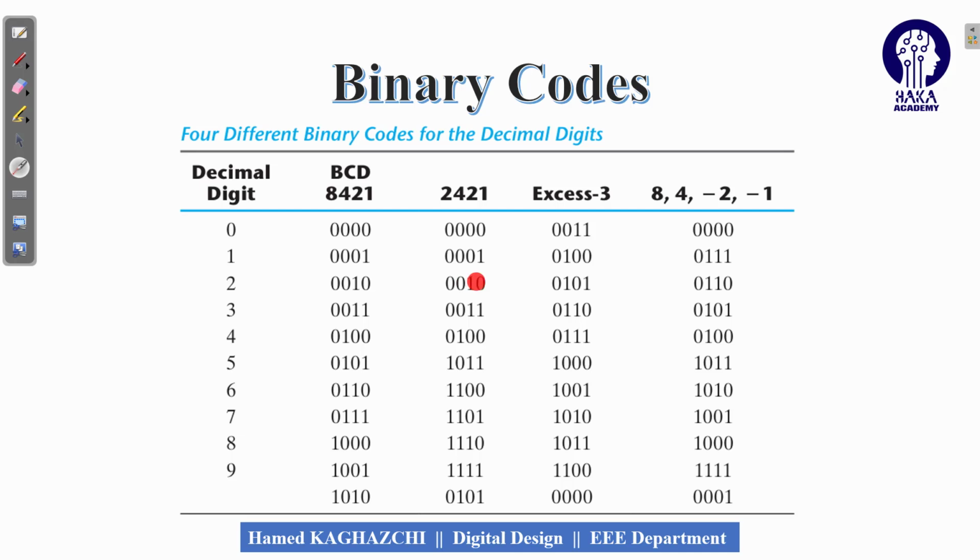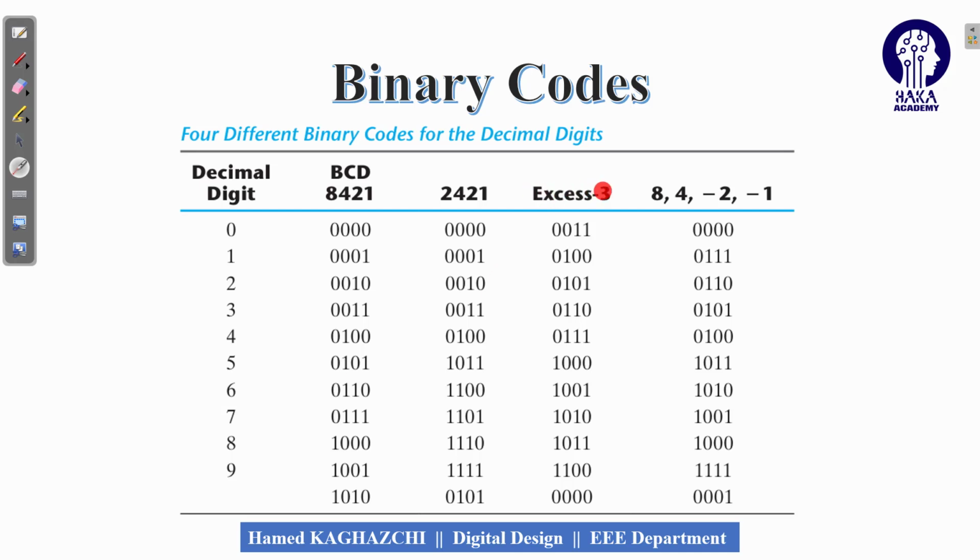So the question is, do we have another binary code in this code 1242? Yes. If we write 1 here, the rest 0, we can also produce 2. For all of the other codes, using this method, you can produce the corresponding decimal number.